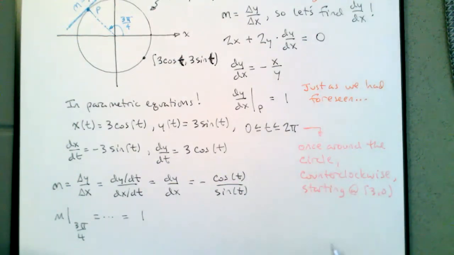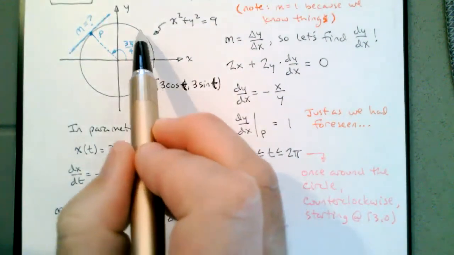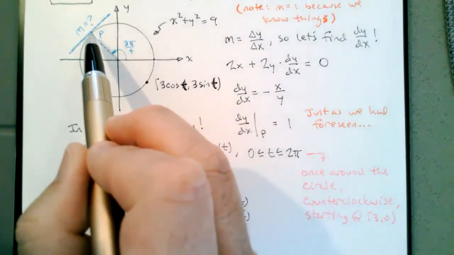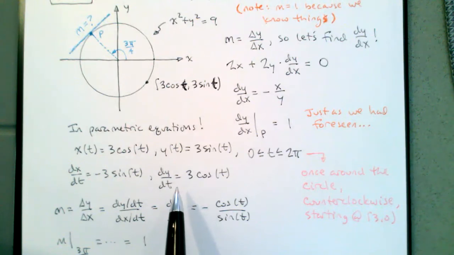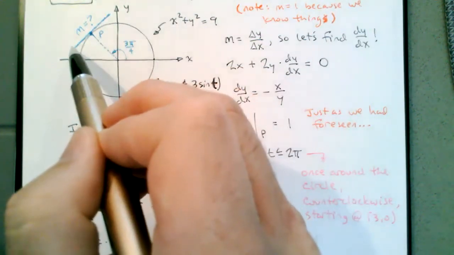We're going around the circle counterclockwise, starting off at 3, 0. So when we got to this point, the dx/dt and the dy/dt show us what direction things are going at that point. So it's not just a speedometer about how fast we're going, it's going to indicate a direction of travel.